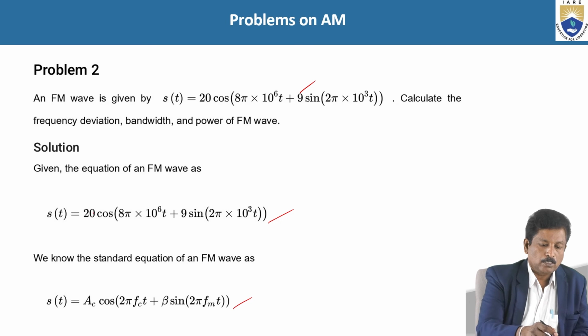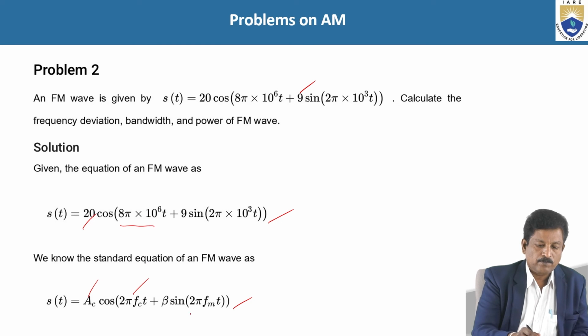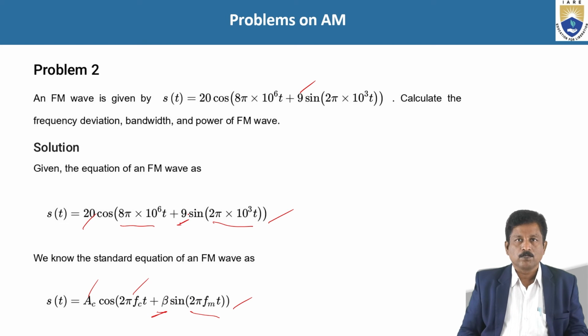So Ac is equal to 20 volts, and the frequency of the carrier signal is this one, and the frequency of the modulating signal fm is given by this one. Comparing, beta is equal to 9 here. For the first problem, we got the beta value 0.1 only, which is less than unity, so it is narrowband FM modulation.